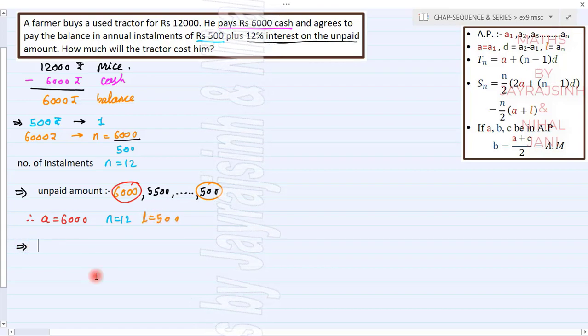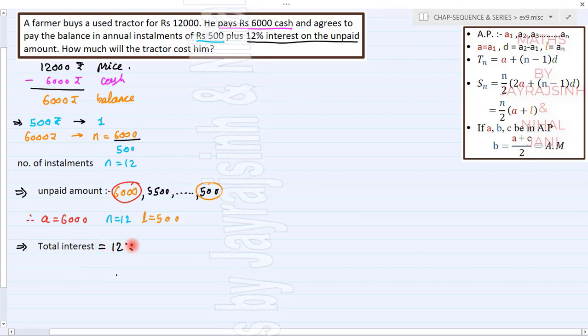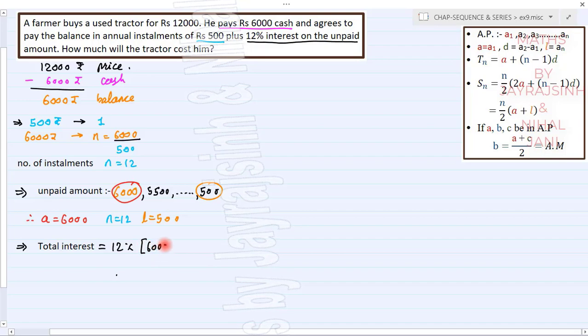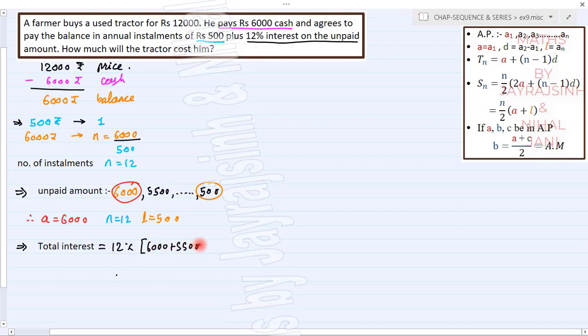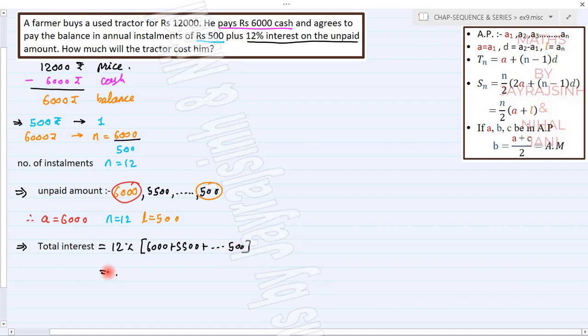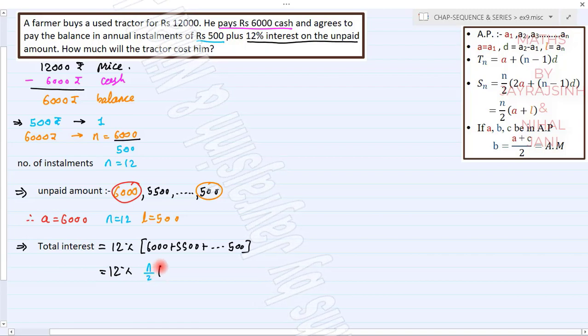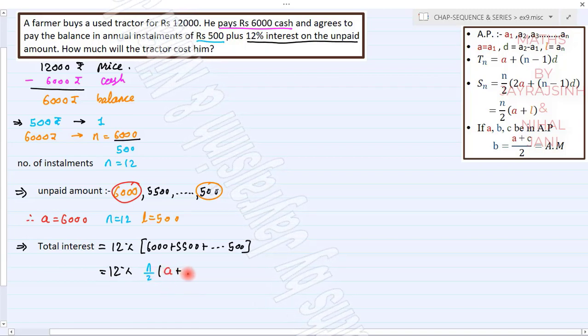So we can say the total interest will be 12% of 6,000 plus 5,500 up to 500, or we can say 12% of Sn, which is n by 2 into a plus l.